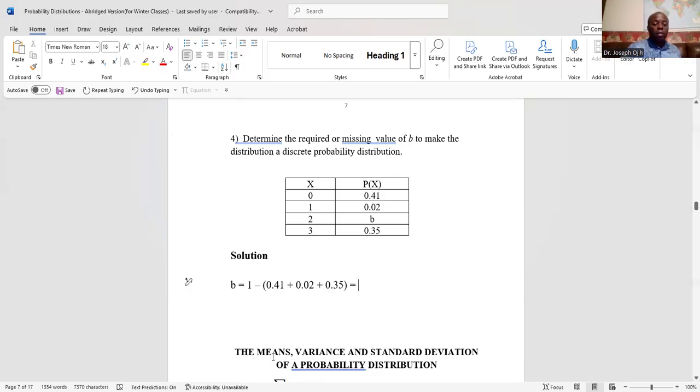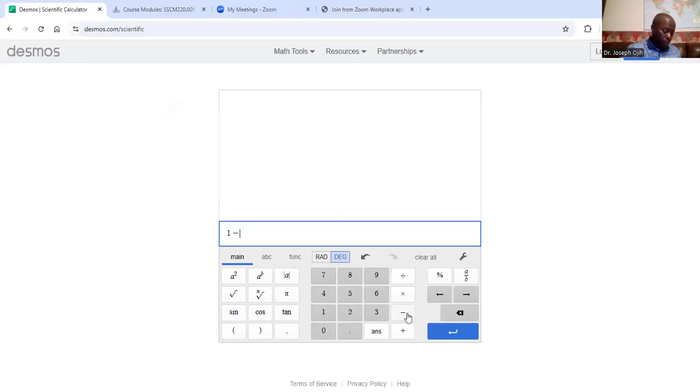So let's do it on the calculator. 1 minus 0.41, 0.02, plus 0.35, the answer is 0.22.